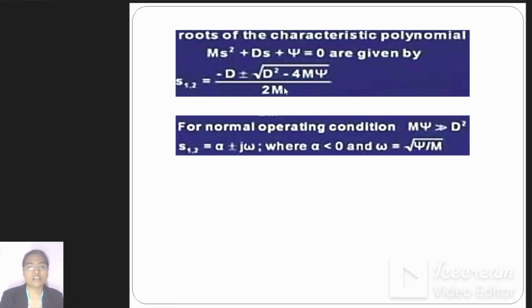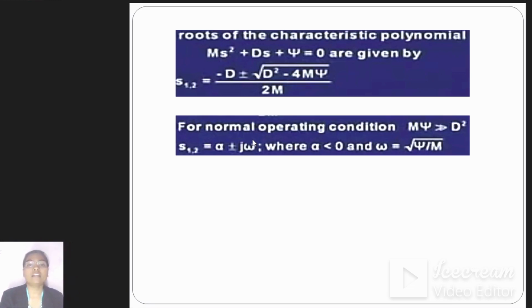When we solve it, we get that your damping is very small for normal operating conditions, and your roots are α plus or minus jω. Here ω is the frequency of oscillations, showing how the oscillations build up in the unstable mode and how they die out in stable conditions.